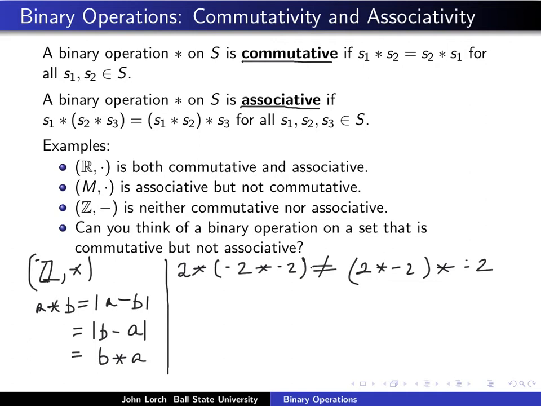So the thing on the left, I believe, is this. It's just the absolute value of 2 minus the absolute value of minus 2. And then we're taking a minus 2, which is, well, that's just a plus 2.